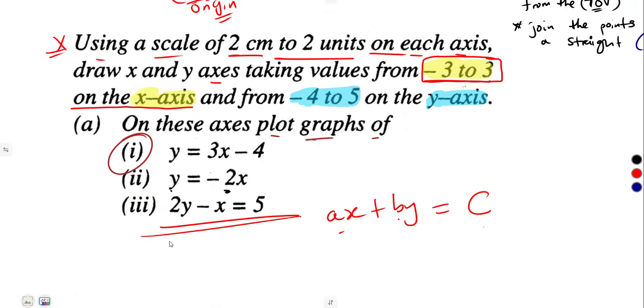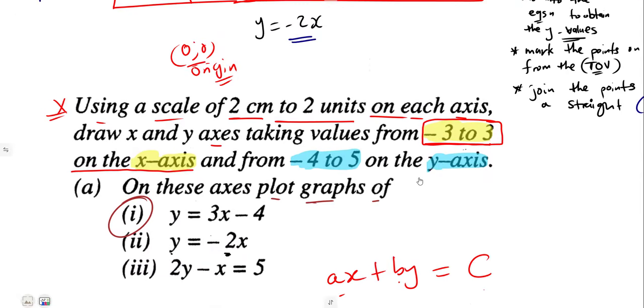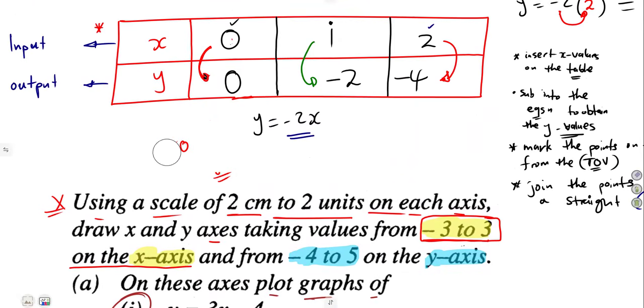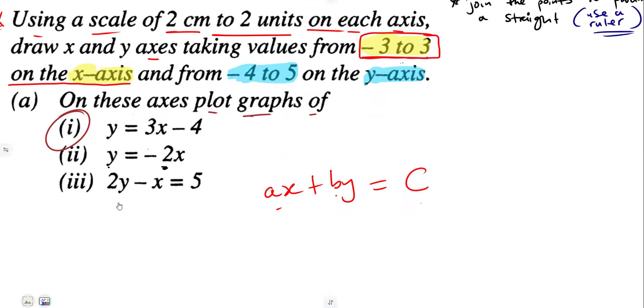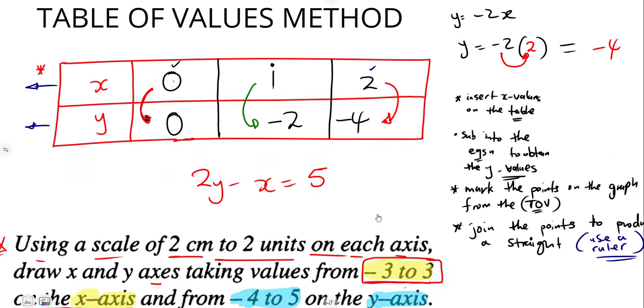Yes, some of you want to make y the subject of the formula. It is fine, I'm not saying it is wrong. But as it is, you can use that equation. 2y minus x is equal to 5. That's our equation this time. This is what we are given here: 2y minus x equal to +5.